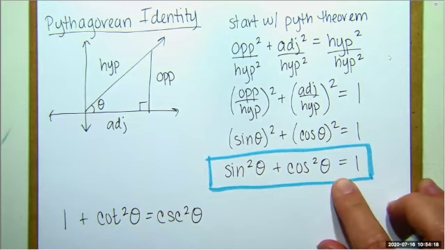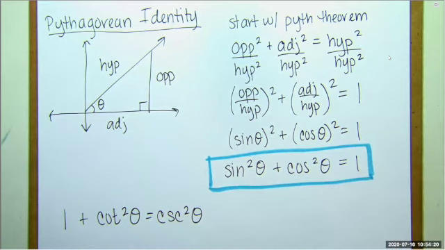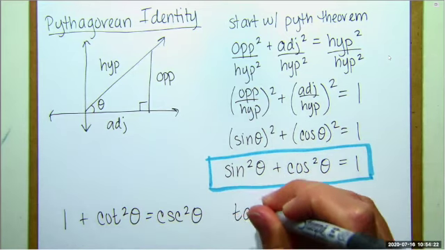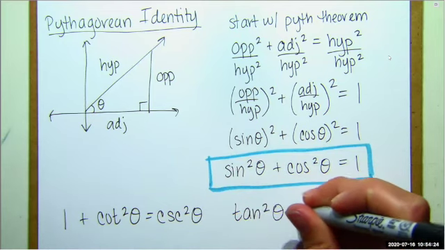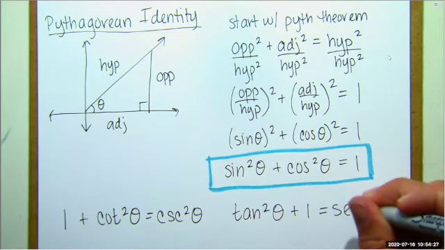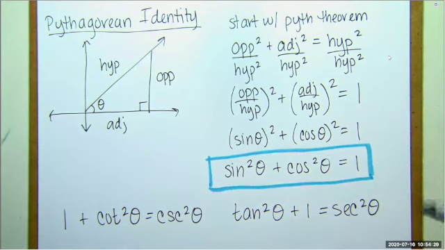If we divide both sides through by cosine squared, we would end up with tangent squared of theta plus 1 is equal to secant squared of theta. For our class, we're not going to use these two other versions. You absolutely don't need to memorize them.